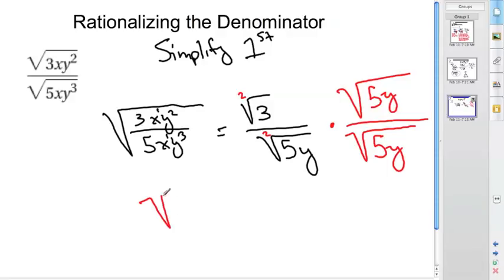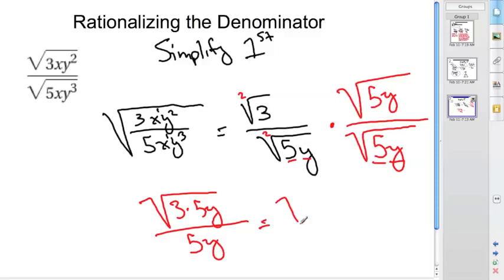So now I have the square root of 3 times 5y all over 5y, because when you rationalize the denominator, your denominator is just the base of your exponents, or just your radicand without exponents, equals the square root of 15y over 5y.